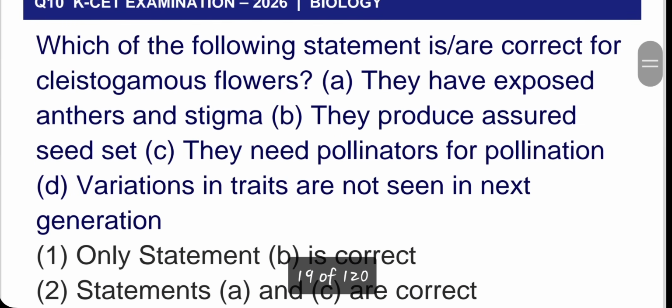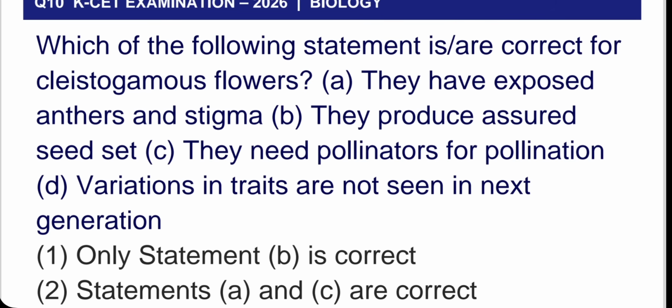Which of the following statements is or are correct for cleistogamous flowers? A. They have exposed anthers and stigma. B. They produce assured seed set. C. They need pollinators for pollination. D. Variations in traits are not seen in the next generation.